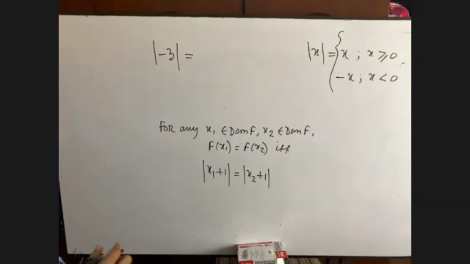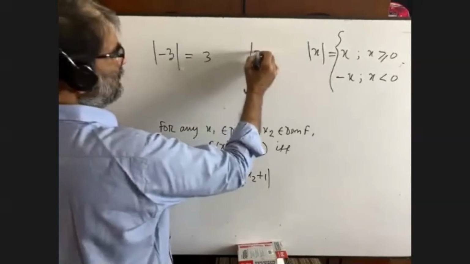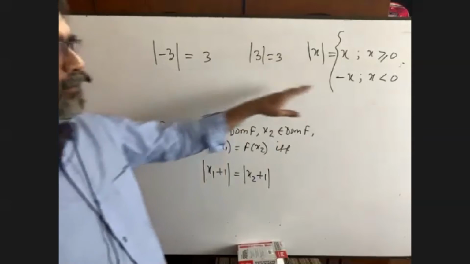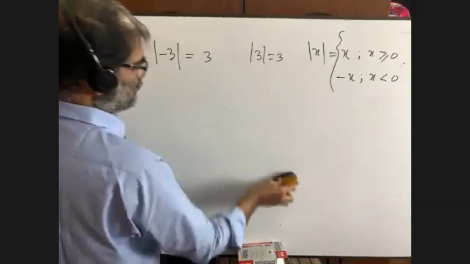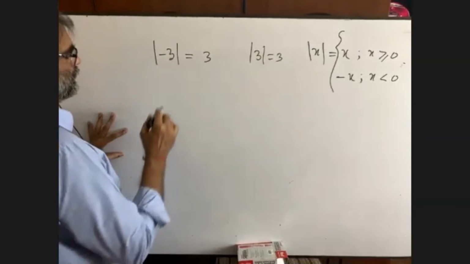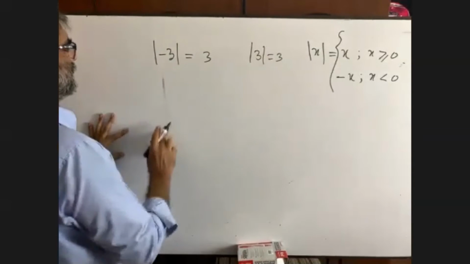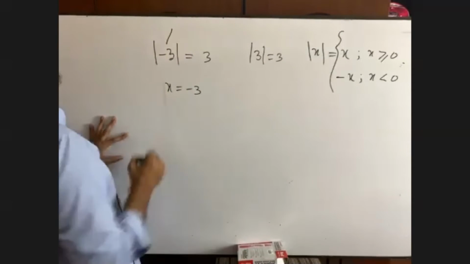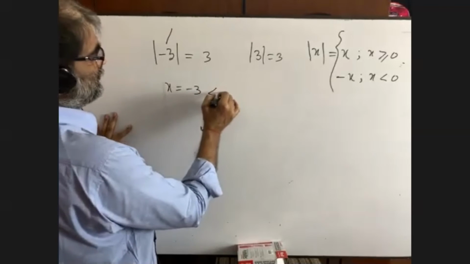Its value is 3. You know? Now the question may arise, how does it come? What is the proof? You see the proof. Suppose minus 3, and you let x equal to minus 3. The value of x has been let as minus 3, and we see this minus 3 is less than 0.